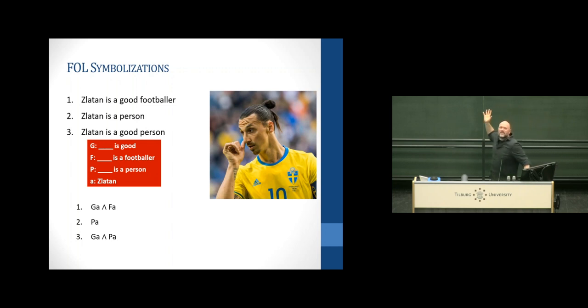Why is the symbolization key here bad? Exactly for the reason your man just said. When we think about the adjectives here, this sentence cannot be paraphrased as Zlatan is good and Zlatan is a footballer. It's telling us the kind of footballer he is. The good footballer.